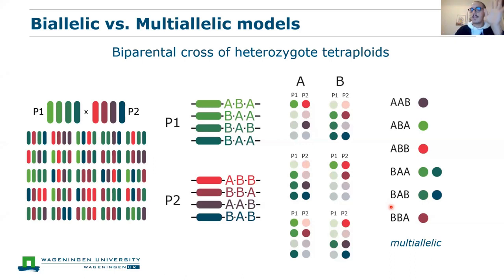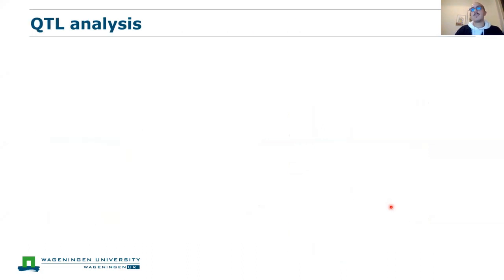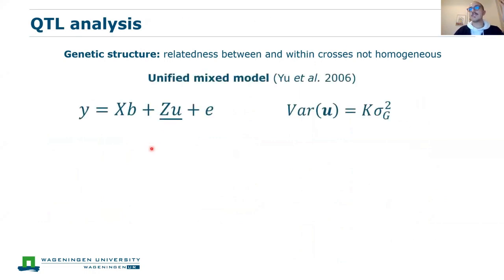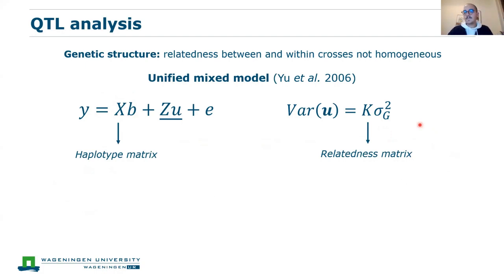In any case, again, this was only the theoretical introduction. Then what we did for the QTL analysis was just use the unified mixed model. It's a very classical, typical model. You have the genetic effect as a fixed term and the kinship structure for the kinship correction as a random term. And the only thing we did was adapt this genetic matrix so that it could use this multi-allelic modeling, and adapt the calculations for the relatedness matrix using haplotypes instead of biallelic markers.